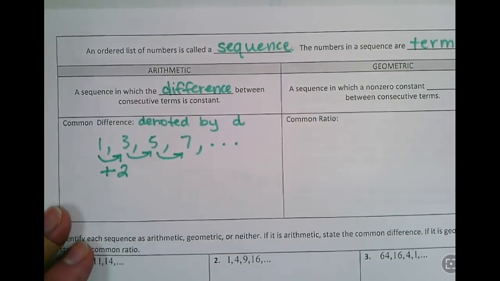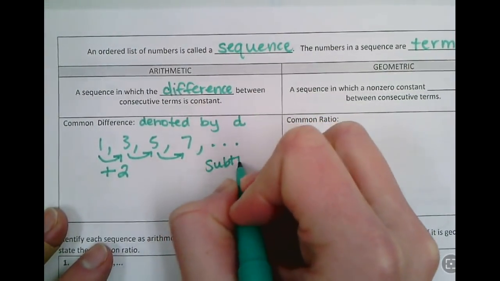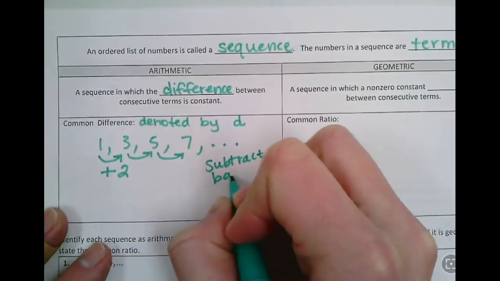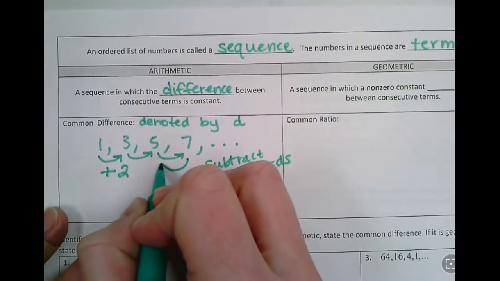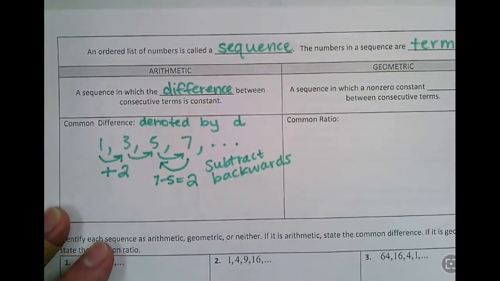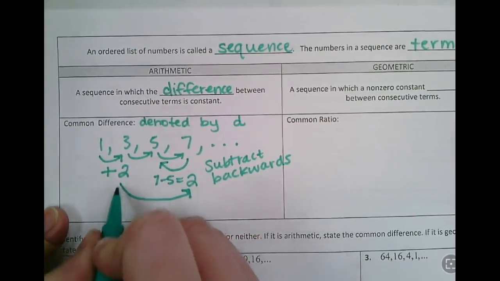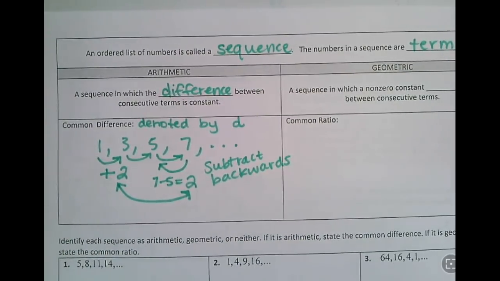Another way, if you have like negative numbers or if it's just hard to find the sequence, you can also subtract backwards. So you go to the last number in your sequence and subtract, so like 7 minus 5 equals positive 2. So these two numbers here, if you notice the pattern or if you have to actually subtract backwards to find that pattern, that is going to be the same number.